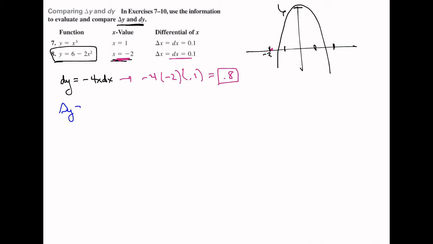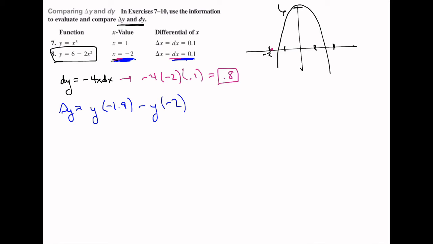Delta y, again, I don't want to talk about the picture too much because I just want you to see basically how simple the math part is. Delta y is going to be y evaluated at my new x value. Now -2 plus my change in x is going to be -1.9, minus the y at my original x value.